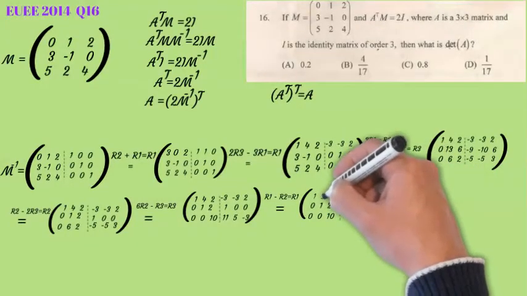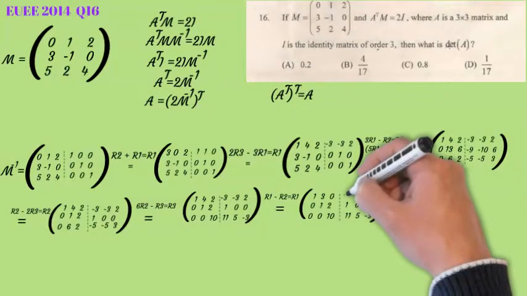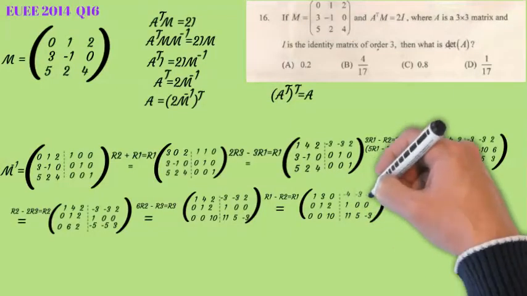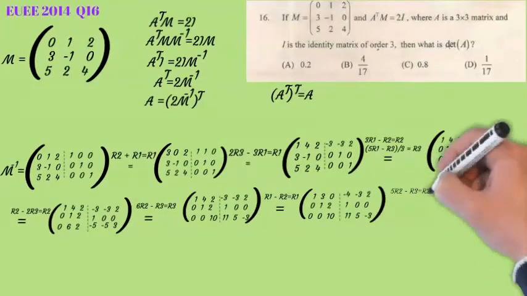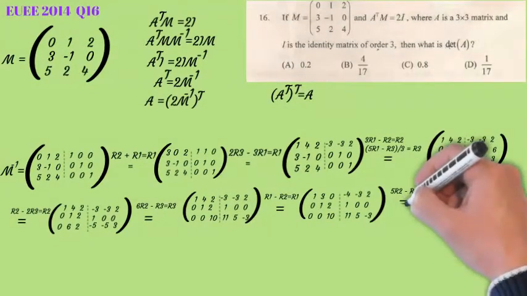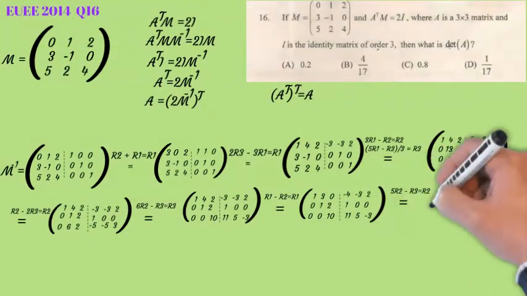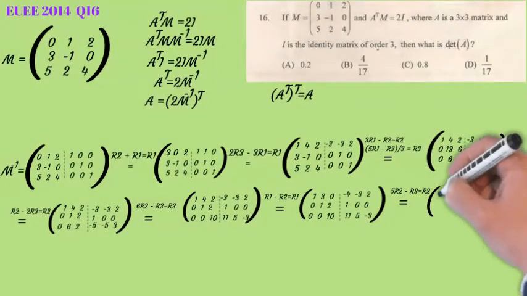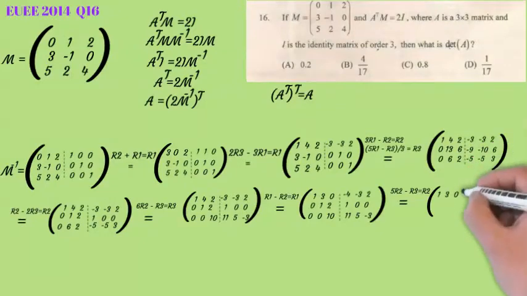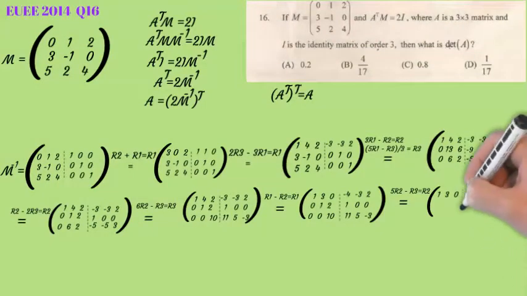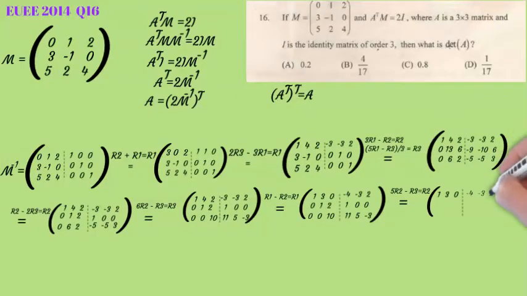So subtracting row 2 from row 1 will give us 1, 3, 0 and minus 4, minus 3 and 2 when we replace it with row 1. The next one is 5R2 minus R3 to replace row 2. So we'll keep row 1 and row 3 as they are. We're not changing them from the previous step.